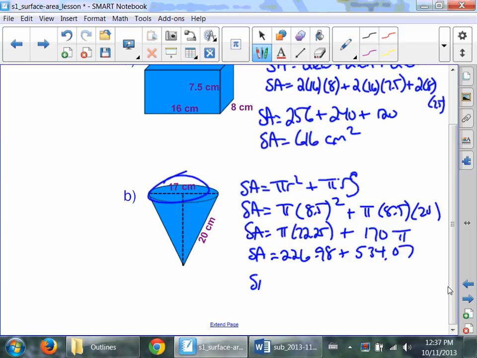So if we add these together, we're going to get 761.05 centimeters squared. That is the surface area of the cone. Okay? Now what we'll do is we'll move on to the next example.